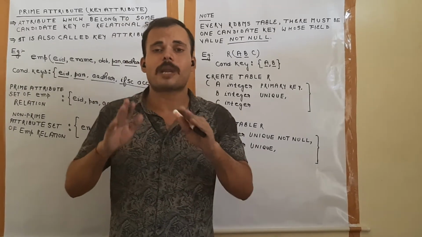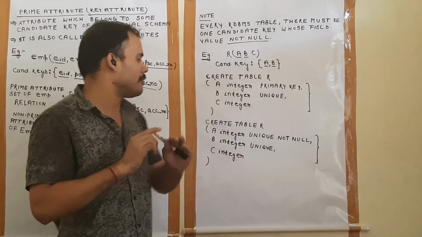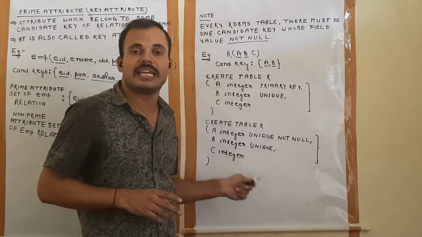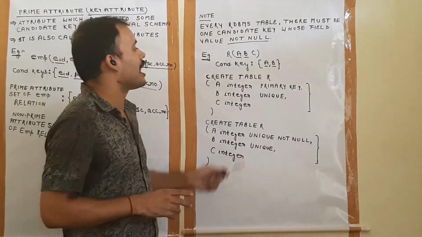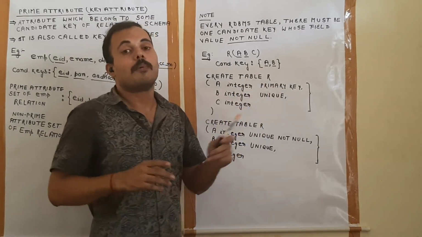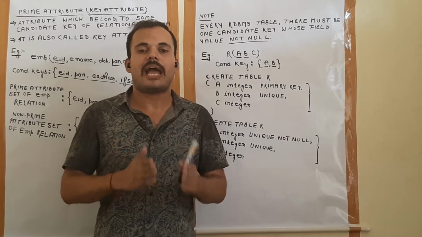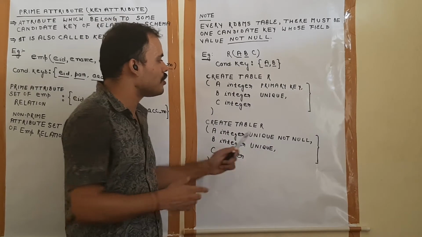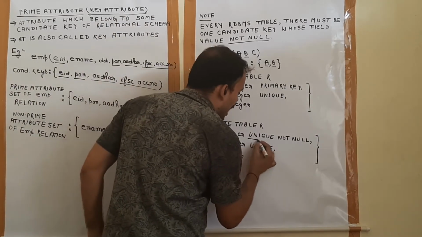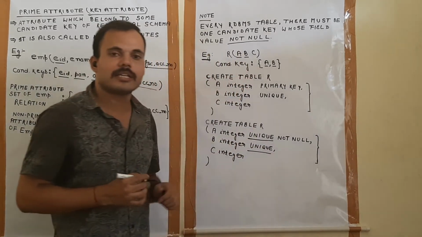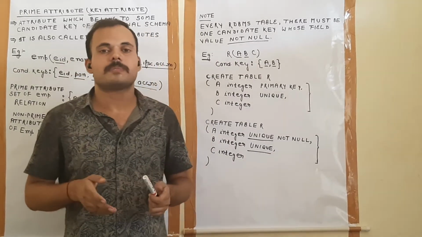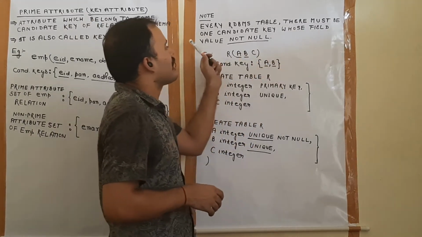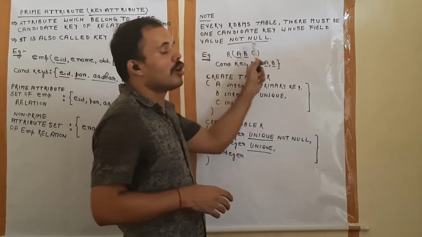If there is 0 primary key, see this example. In this example, there is no primary key here, means A and B both are alternative keys. Here A and B both are unique, and both are unique means both are alternative keys. In alternative keys nulls are allowed, but the note is saying that there must be one candidate key whose field value is not null.